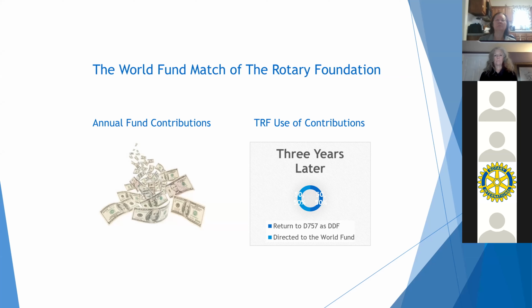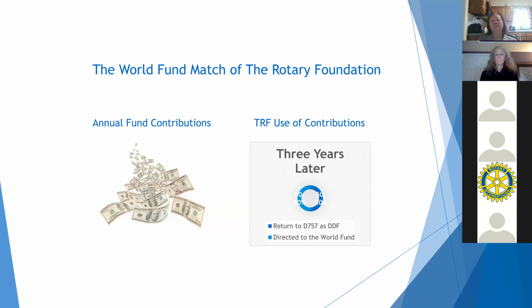Our district designated funds are our annual fund contributions, which come back to the district. 50% of what is sent in to the Rotary Foundation comes back to us as district designated funds 3 years after the contributions are made. And our annual fund contributions also, of course, go to the World Fund.